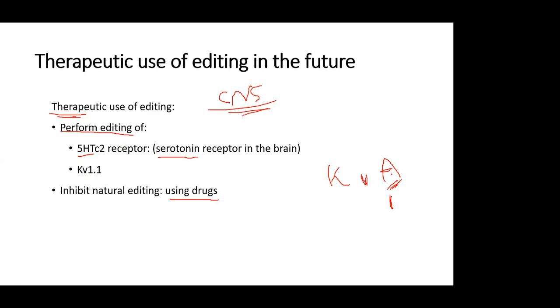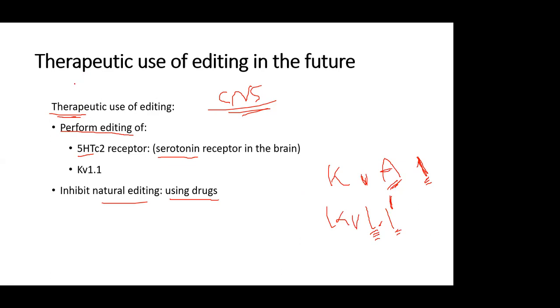And of this family, we're talking about the first member, member number 1. For short, we write it KV1.1. The first 1 means family A. The second 1 means the first member. Or some drugs can be used in order to inhibit the natural editing, as I said.